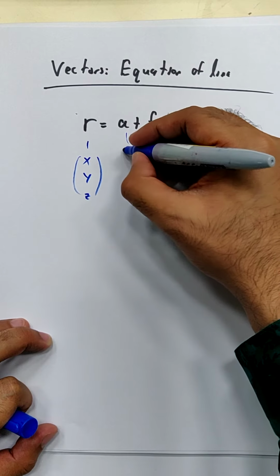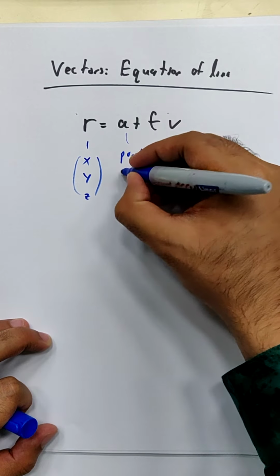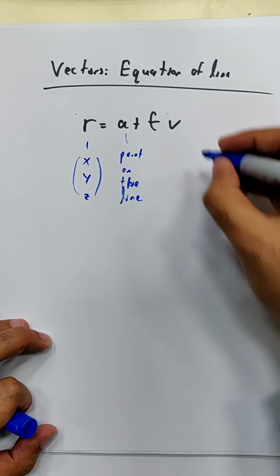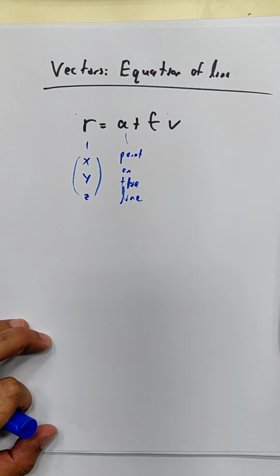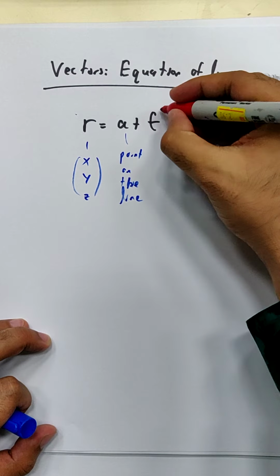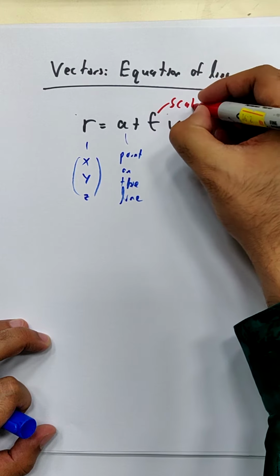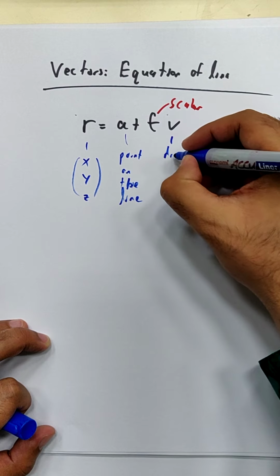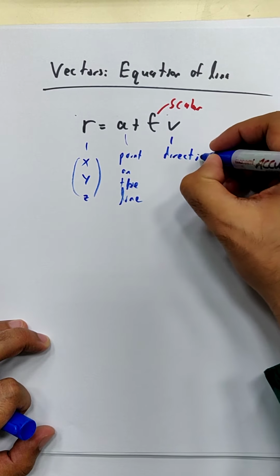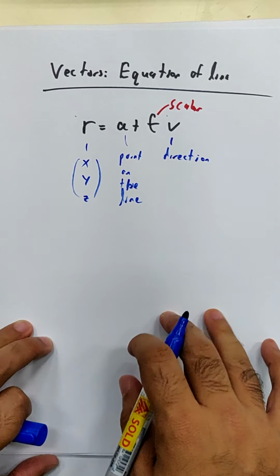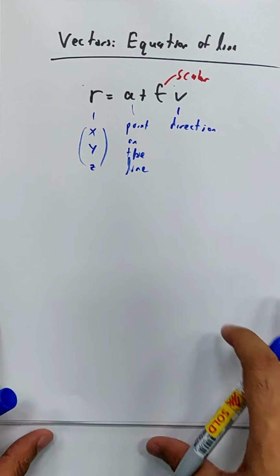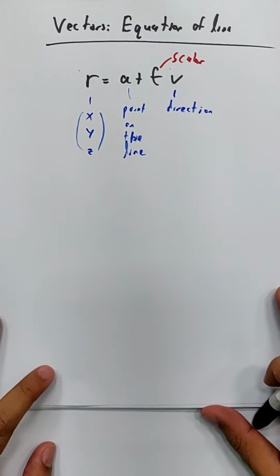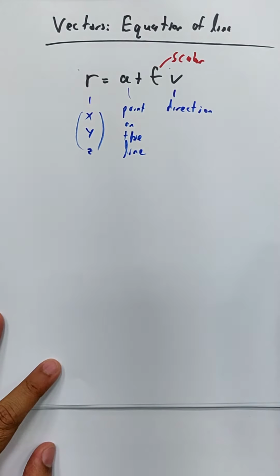A is the point on the line. t is a scalar, where v is a direction vector. v is the direction. There are many ways for us to write it down, mainly two main ways. This whole thing is called the equation of line.